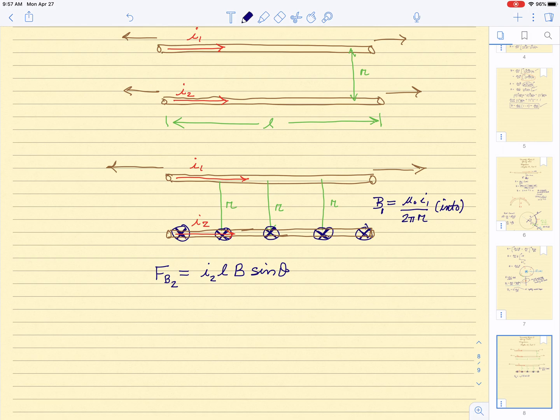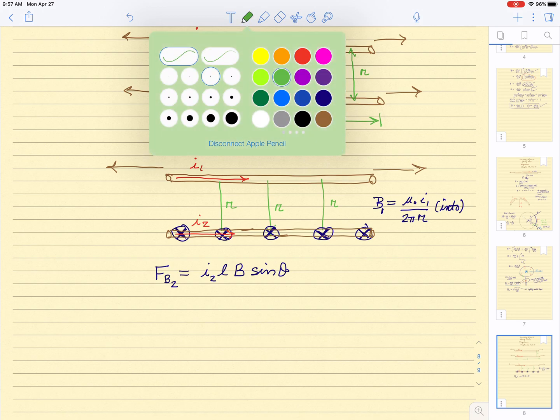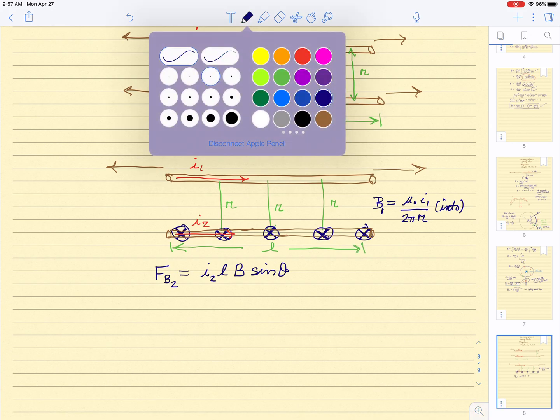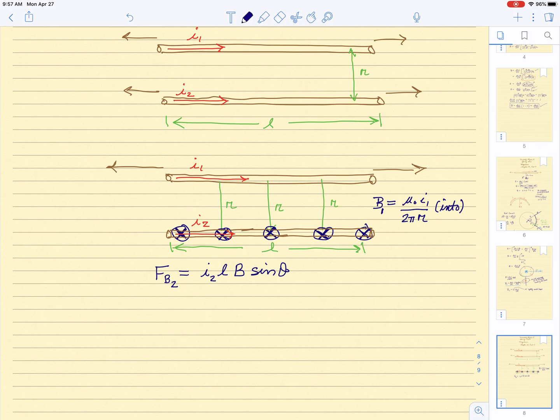L is going to be the length that we talked about earlier. It'll be the relevant length. And so what's B? Well, B is going to be the magnetic field which is generated by wire 1, so we'll call that B1.